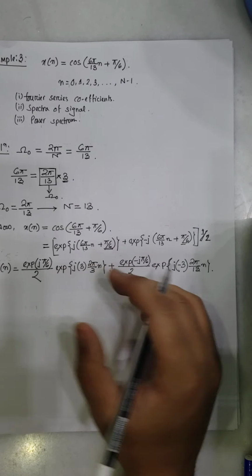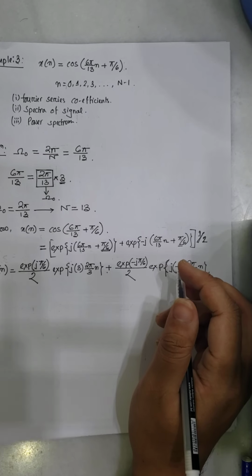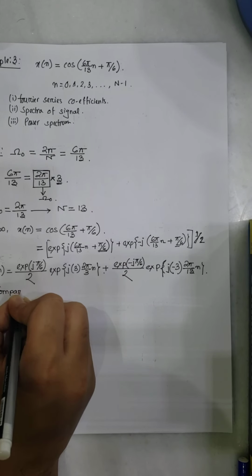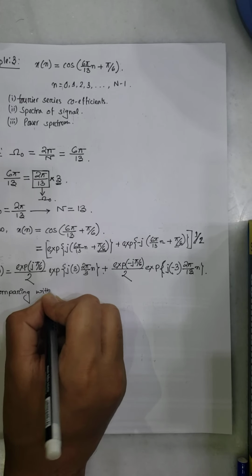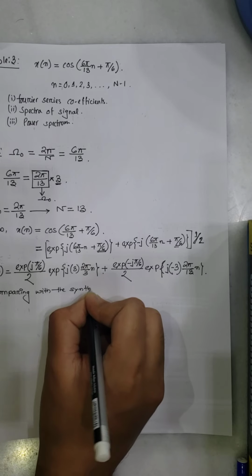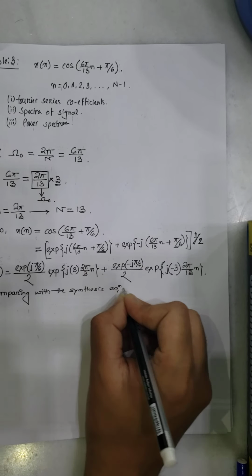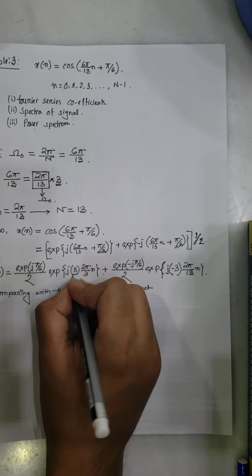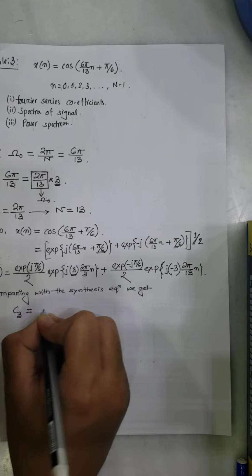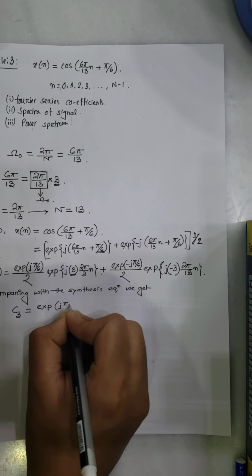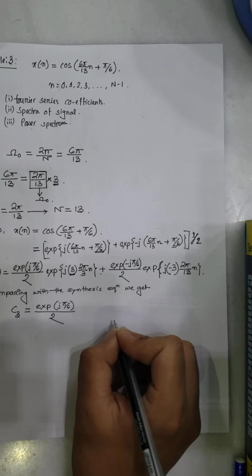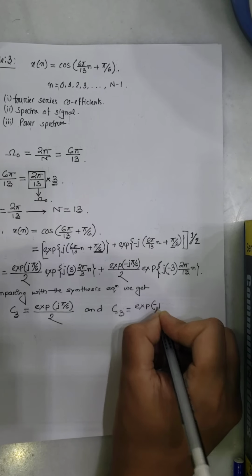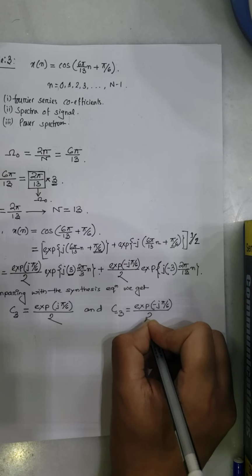Hopefully up until now it is quite clear, and comparing it with the synthesis equation, we get this value where k equals 3, c of 3 equal to e to the power j pi by 6 over 2, and c of minus 3 equal to e to the power minus j pi by 6 over 2.